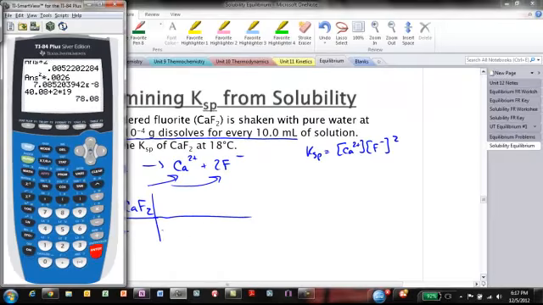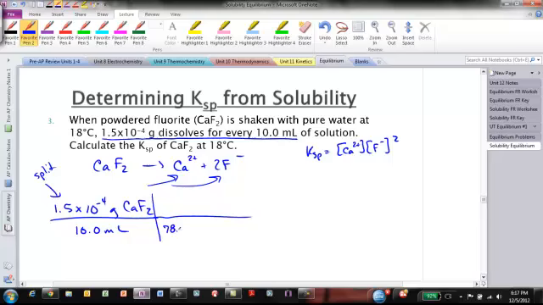We get 78.08 grams of CaF2 for 1 mole of CaF2. And we want to change our milliliters into liters. So 1,000 milliliters is 1 liter. And that's going to give us the concentration of CaF2 that will split.